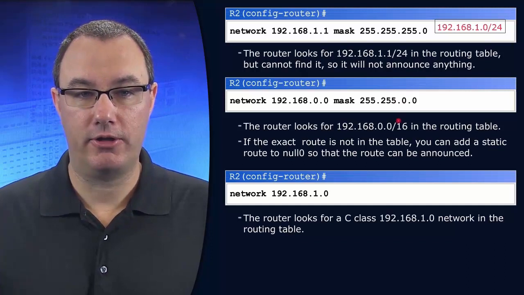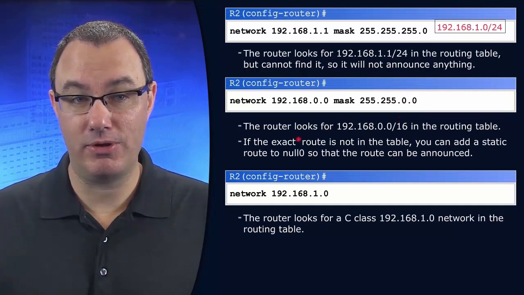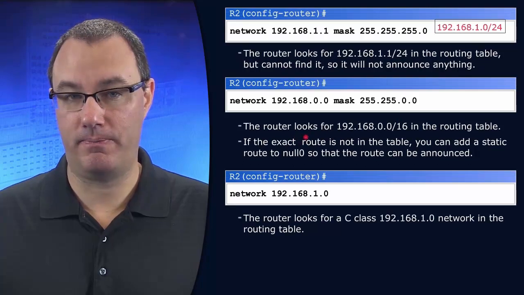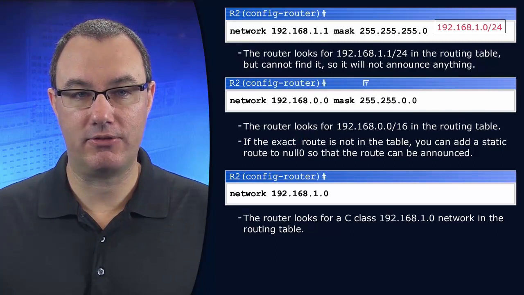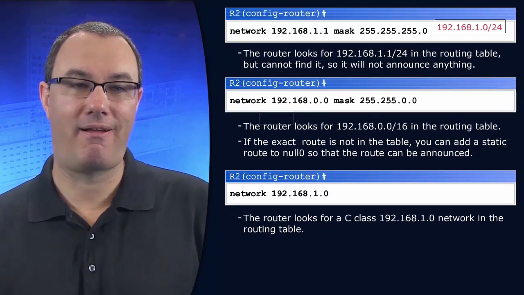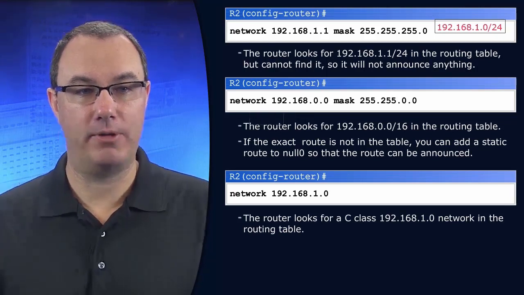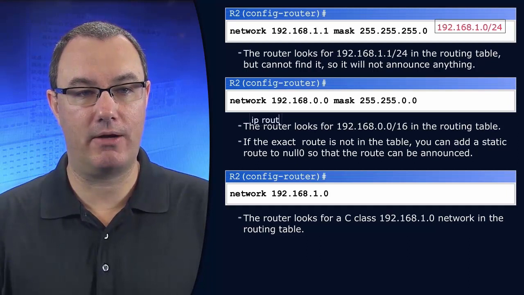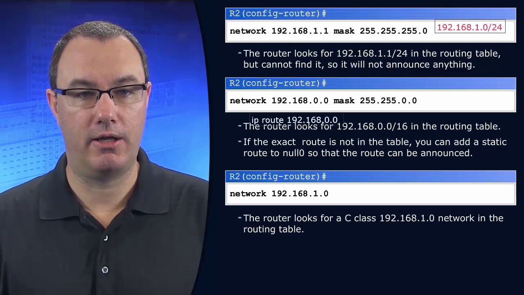We could say, I'm going to build that route for you. How would we build that route? Well, we could do something like this. We'd say IP route 192.168.0.0.